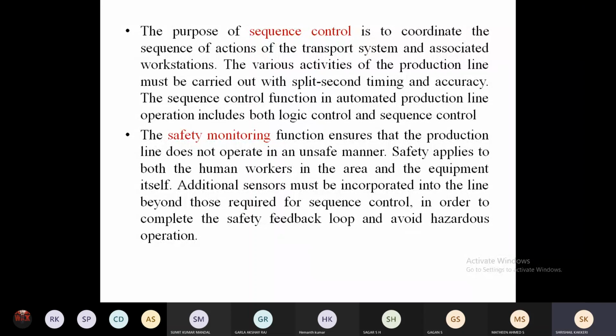The primary level of sensors is used to safeguard the workstations. The secondary level of safety monitoring is used when suddenly, within the work volume or working space of the workstation, human intervention happens. At that time the whole work has to be stopped so that it safeguards.